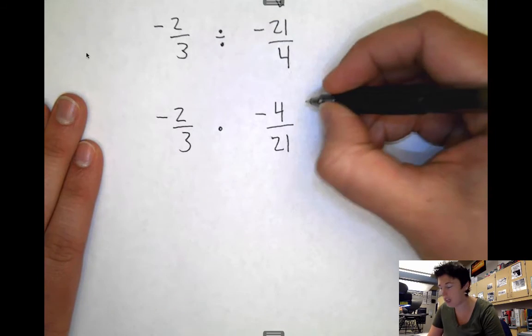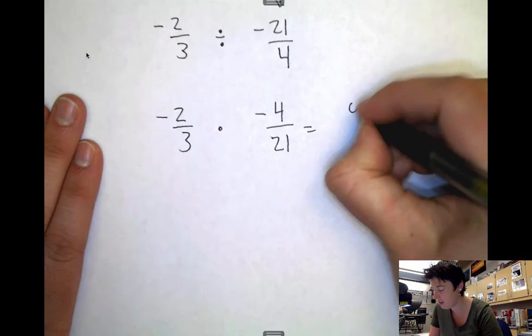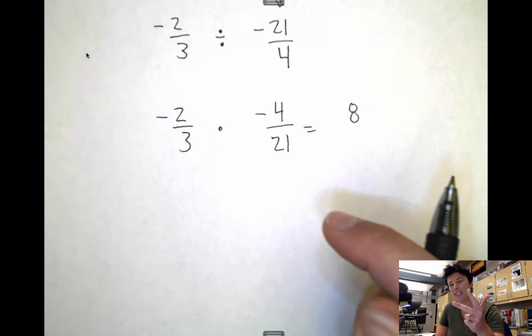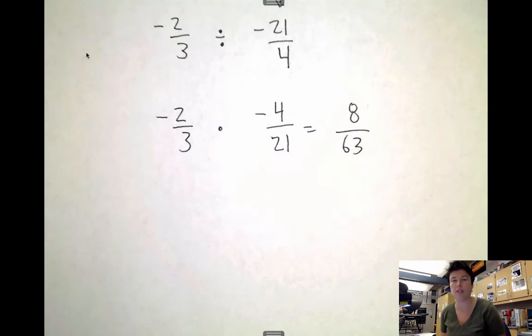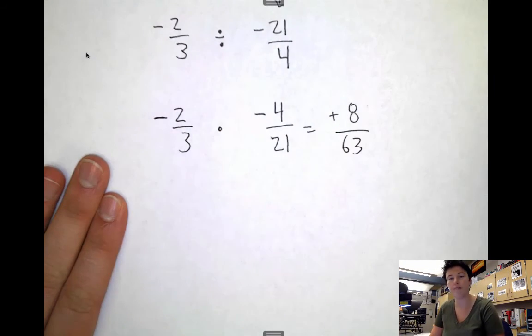Then the rule with multiplication is you just go straight across. 2 times 4 is 8. 3 times 21 would be 20, 40, 60, it'd be 63. So 8/63. And then I use my integer rules. A negative times a negative is a positive. So we're done.